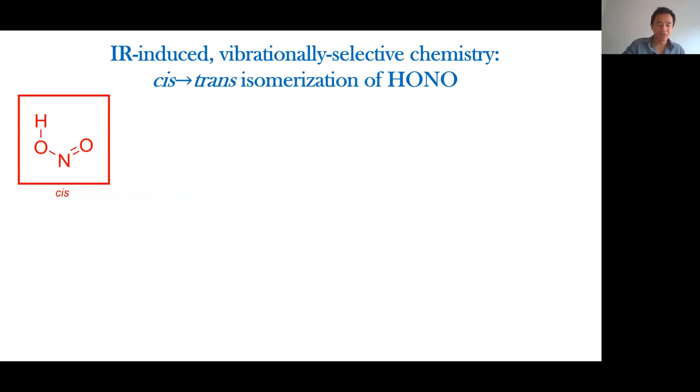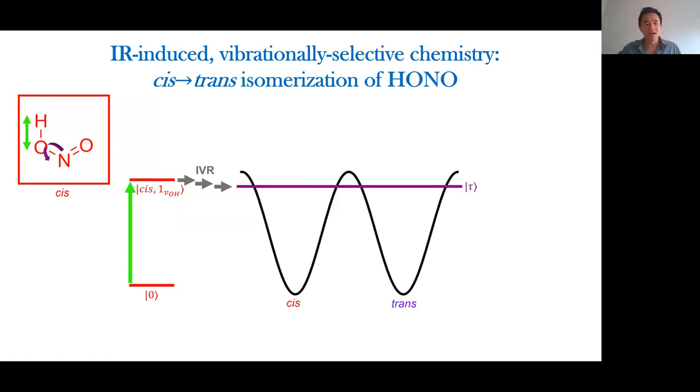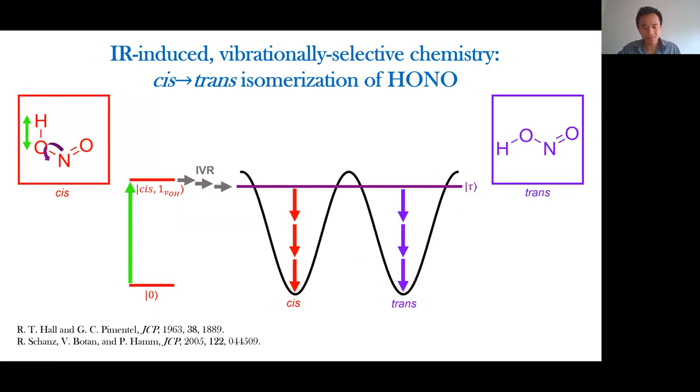Okay, so we go to 1960s physical chemistry, and people noticed that there are these chromophores that if you photoexcite the OH stretch, it induces a very slow torsional isomerization that converts the molecule from cis to trans. So this happens within 10 picoseconds. Okay, so there is a branching ratio between cis and trans.